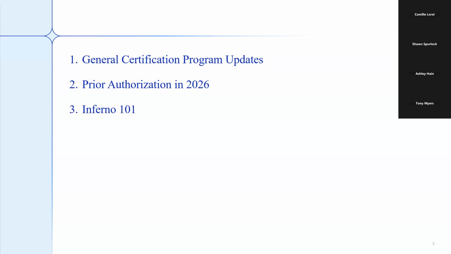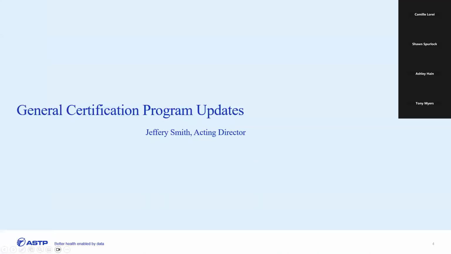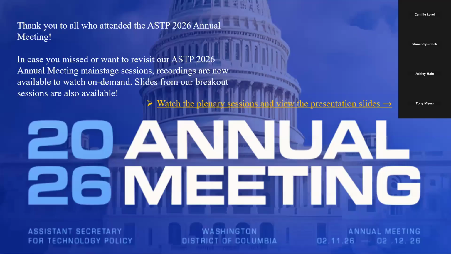We're going to talk a little bit about a high priority for this administration and our office regarding prior authorization and what's going on this year. And then my colleague Scott Bohan is going to talk about Inferno, which is our test tool that is intended to test API-based software.